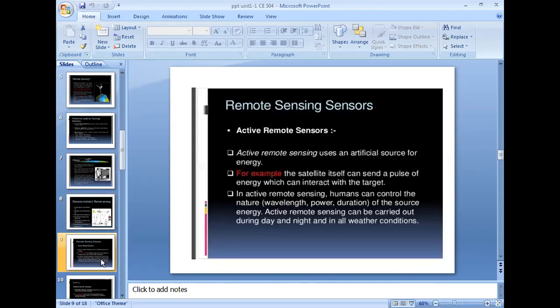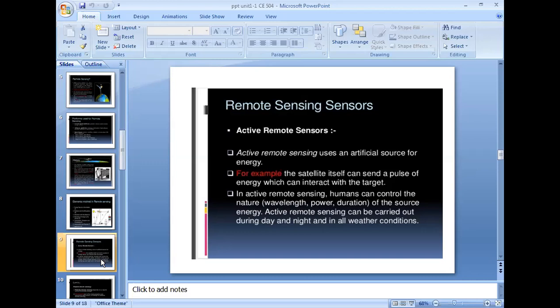Then come to the next one, the sensor. You have already learned about the types of remote sensing: active remote sensing and passive remote sensing. The only difference is this: active remote sensing uses artificial energy sources. For example, the satellite itself can send a pulse of energy which can interact with the target.